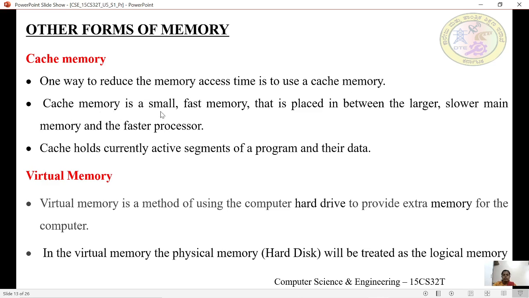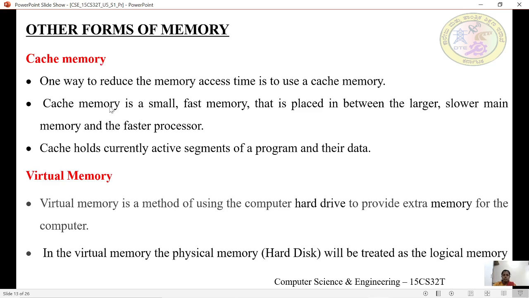Cache memory is a small, fast memory that is placed in between the larger, slower main memory and the faster processor. Cache holds currently active segments of a program and their data. That means cache is a very small and very fast memory that is placed between main memory and the processor.